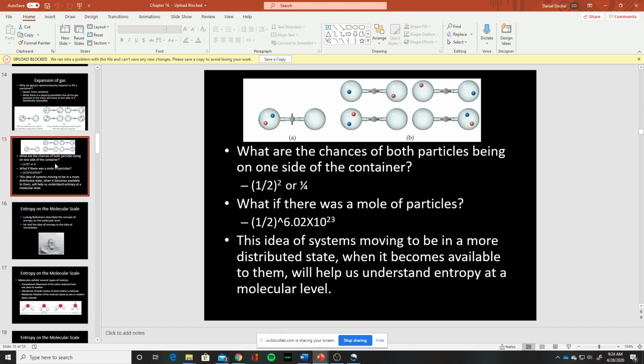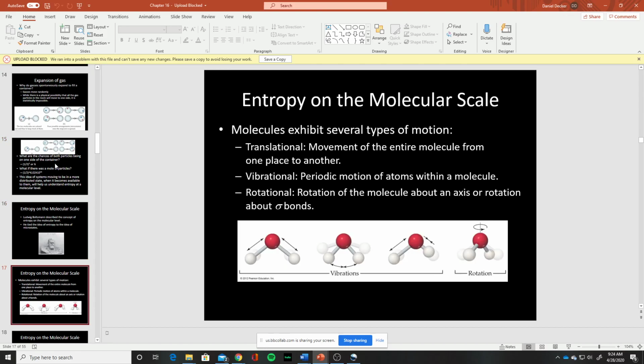Let's see here. This is more just talking about entropy. Talking about how entropy increases with different modes of movement. So if I give you multiple different examples, like here's this molecule, which one would have greater entropy, you should be able to tell me that.